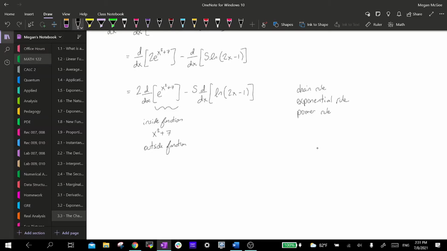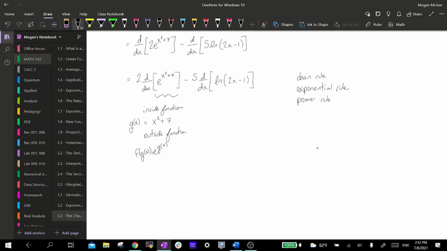Well, our outside function is just our base e raised to our inside function, so it's e raised to something. And if we want to label these, if I say this is g of x, and I say this is f evaluated at g of x, then this is e raised to the g of x, if that helps you.